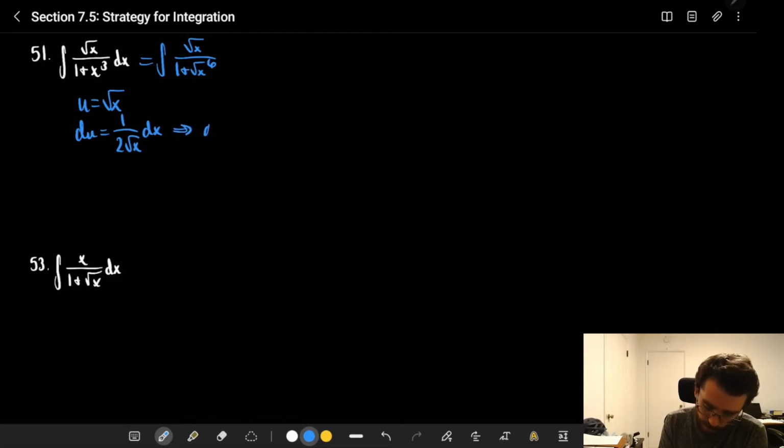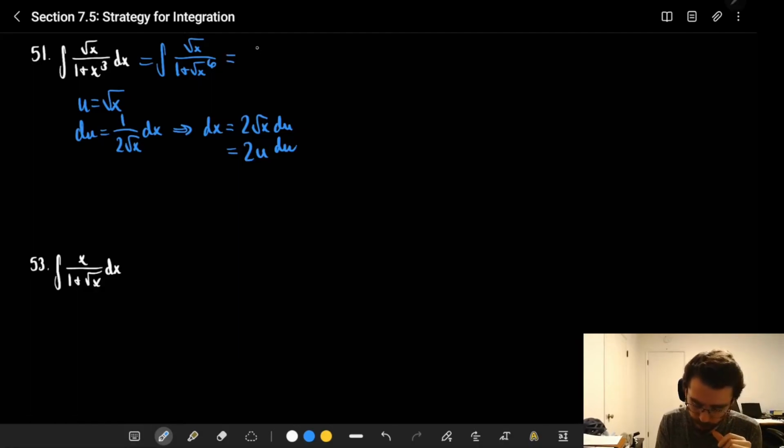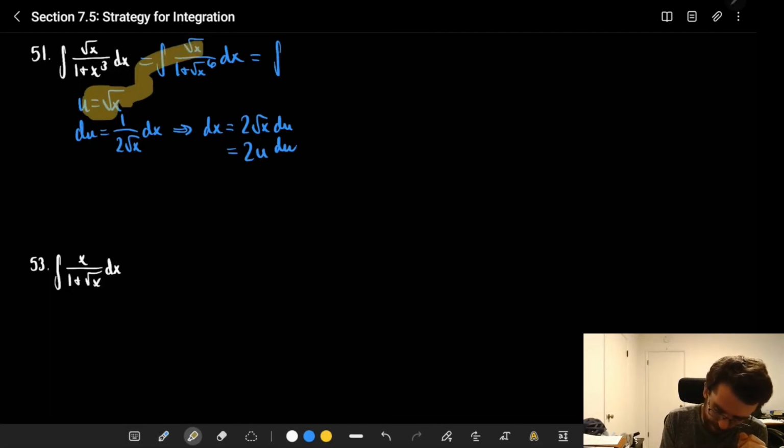You say, well, solve for dx. That's du equals 1 over 2 root x dx. But root x is u, so that's 2... sorry, I meant to write du here. So, writing this all out, I missed a dx here. Root x is u, that goes here.